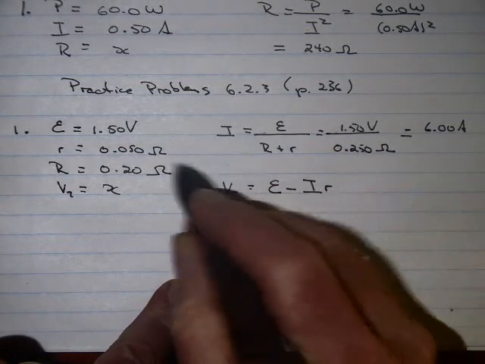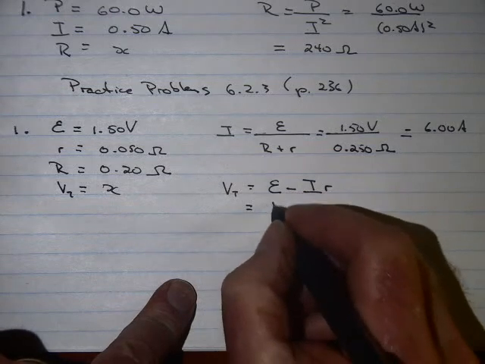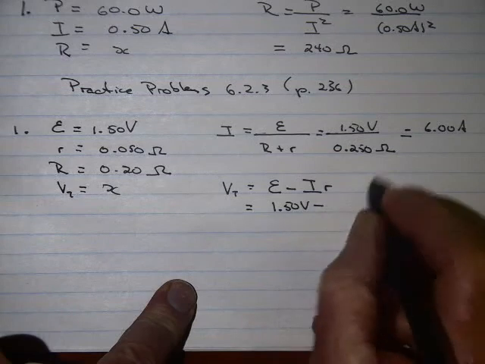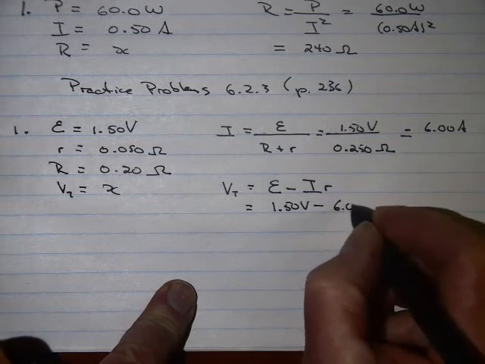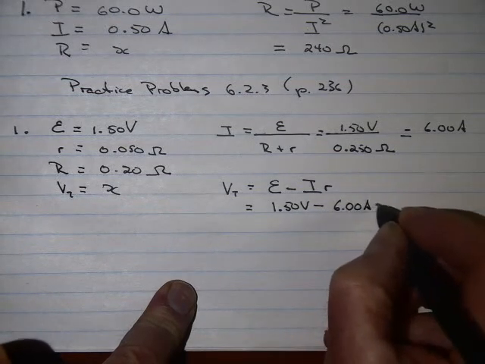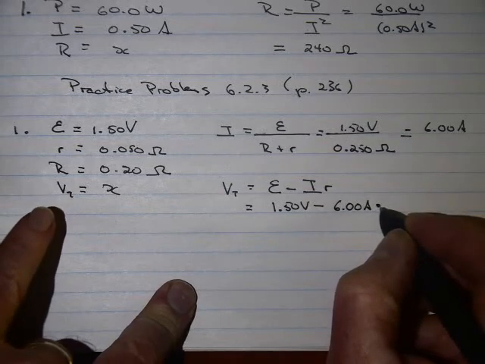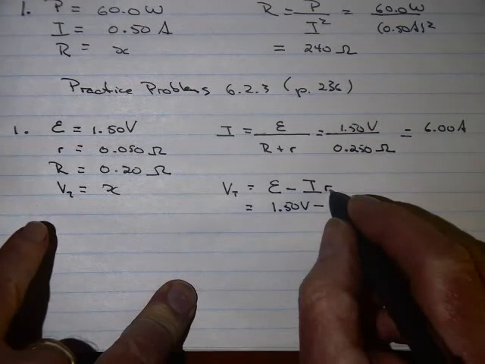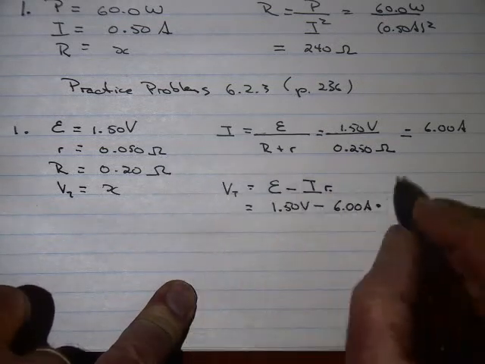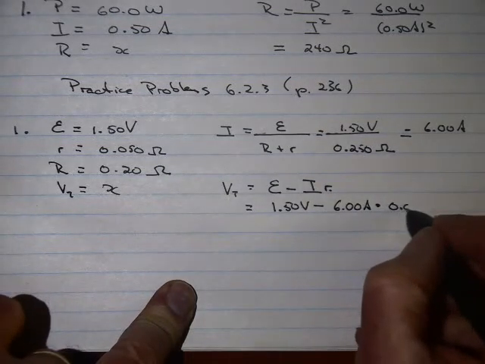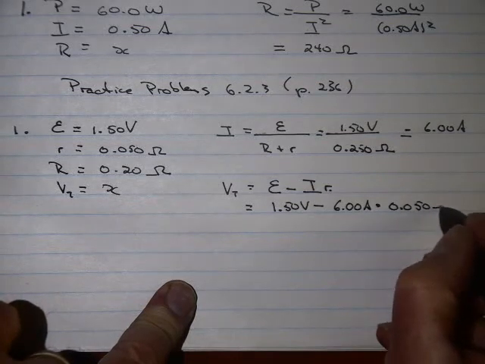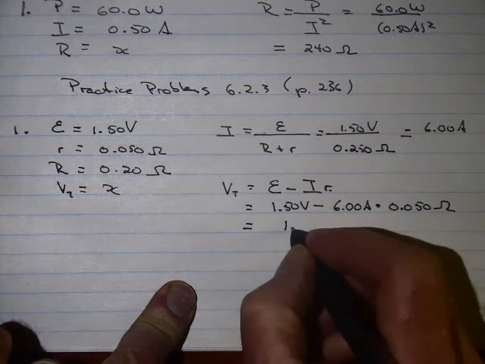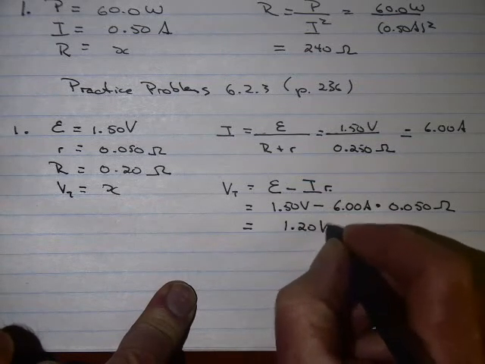Well, EMF is 1.50 volts minus the current is 6 amps times the internal resistance. The internal resistance is 0.050 ohms, and this comes out to 1.20 volts.